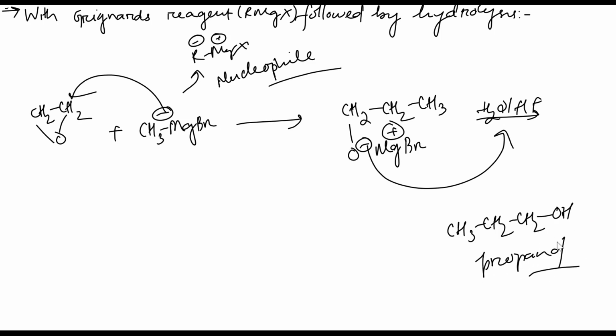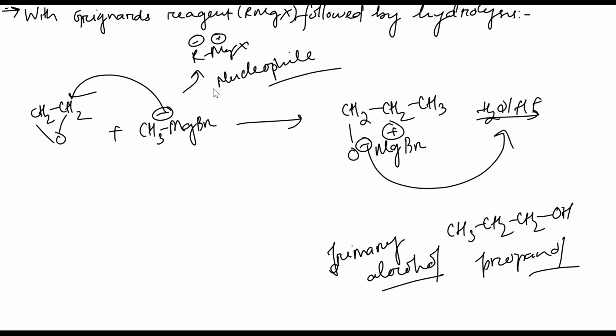Okay, so this is all about the reaction of Grignard reagent with epoxides. The main thing to notice is that in the Grignard reagent, the alkyl group acts as the nucleophile, and there will be attack of the nucleophile.